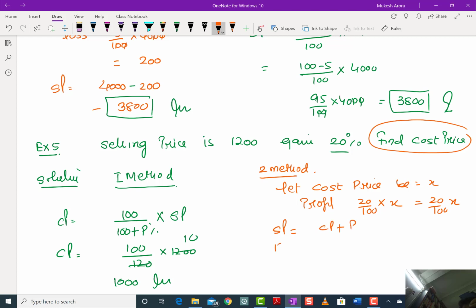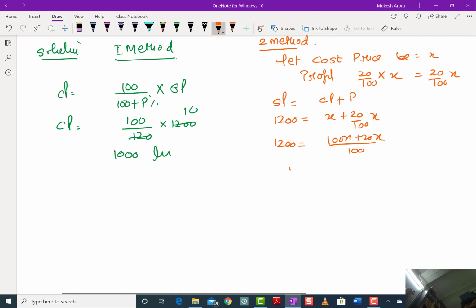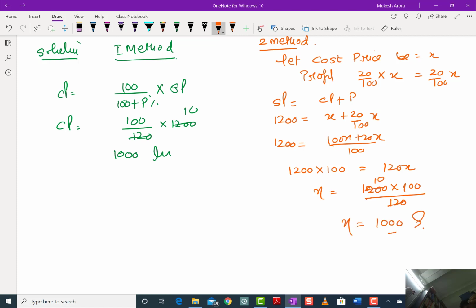Selling price given is 1200, CP is X, plus 20 by 100 X. So 1200 is equal to 120X by 100. So it will be 1200 into 100 is equal to 120X, X is equal to 1200 into 100 by 120. This is 10. So CP is 1000.